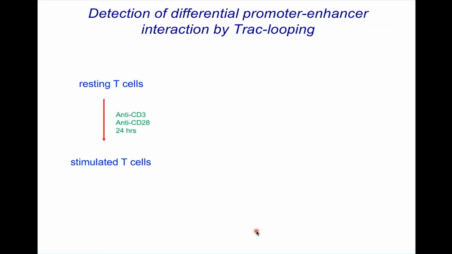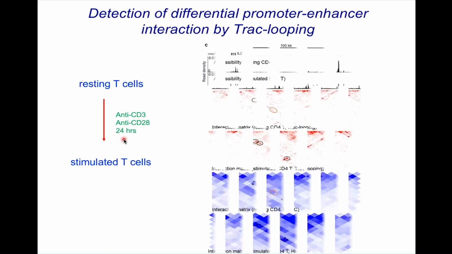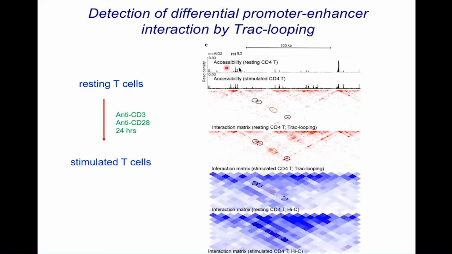Next, we asked whether we could detect differential promoter enhancer interactions using Trac-looping. To test this idea, we isolated resting T cells and stimulated them using anti-CD3, anti-CD28 antibodies for 24 hours, and then performed Trac-looping on both of these cells. This is the data. The top tracks show the chromatin accessibility, and we see some regions show changed accessibility, others don't.